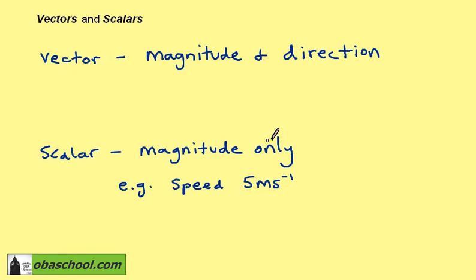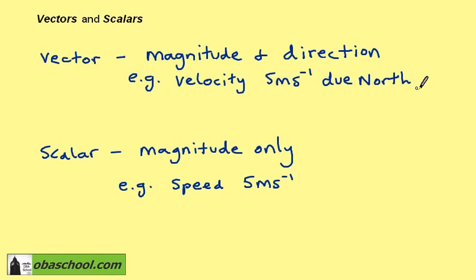However, since in this course we work with metric units, the speed would be stated more often than not in meters per second, although you may meet kilometers per hour. The vector equivalent of speed is called velocity. And to be a vector, it requires both a magnitude, so say 5 meters per second, but also a direction.